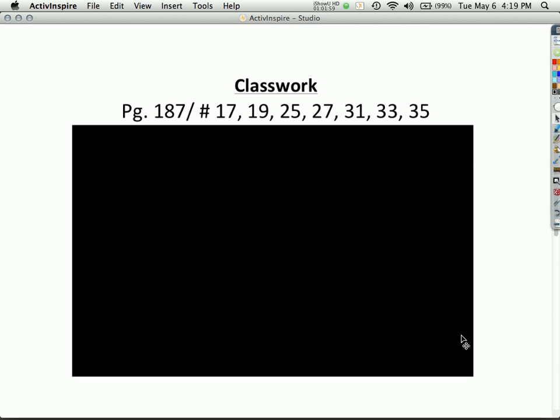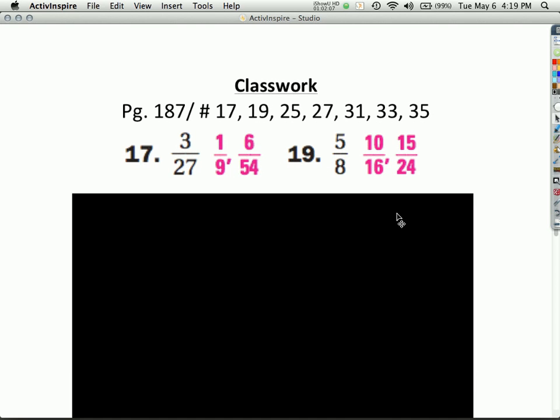All right. Colored pens up, and let's see how we did with today's complicated algebra. Numbers 17 and 19, you could have a zillion different answers. So as long as yours are equivalent, and you can double check by just using your calculator, these are suggested possibilities.